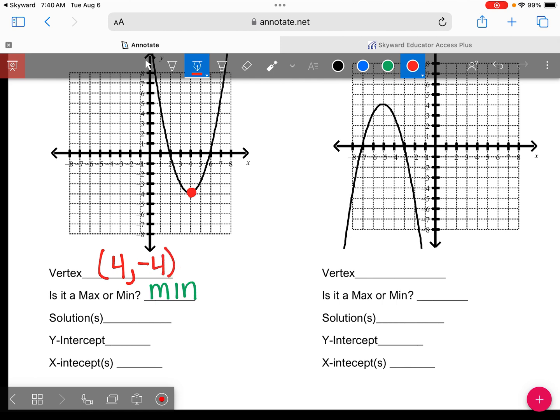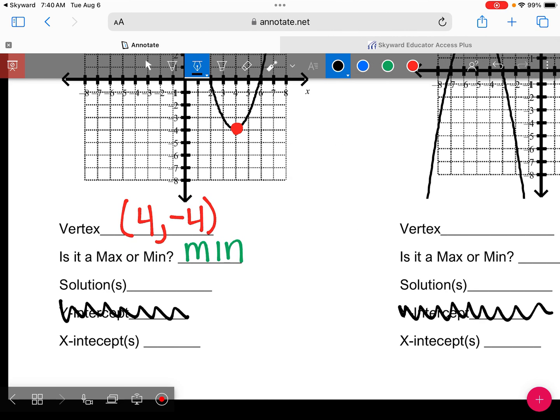Now, this graph does not show you your y-intercept, so you can cross this off for both of these. But what I want you to know, because this was not in our notes, is that these two are the same thing. The solution is the same thing as the x-intercept.